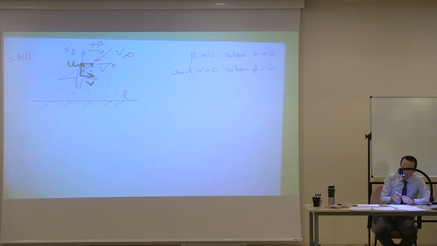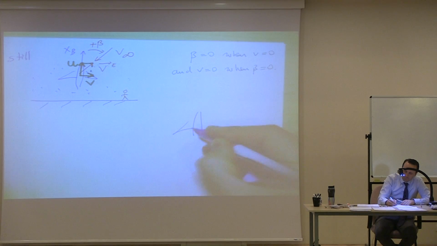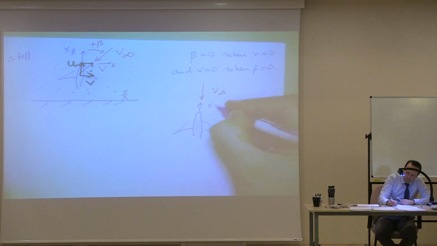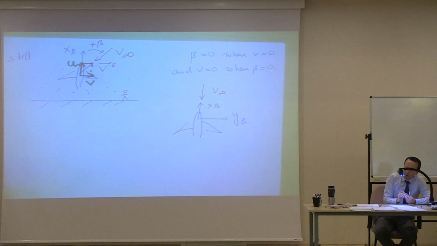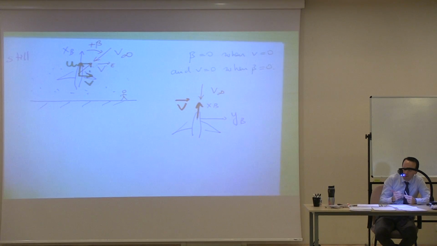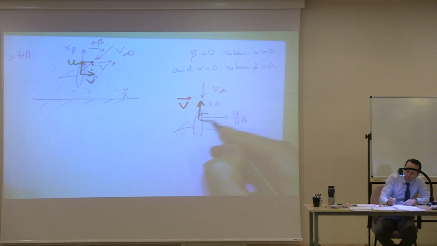Okay? Because if you take that airplane and say this is v infinity and this is x body, and this is y body, that means the airplane is moving with the same velocity towards v infinity, right? This is the velocity of the airplane. So it really means that there is no component on v.